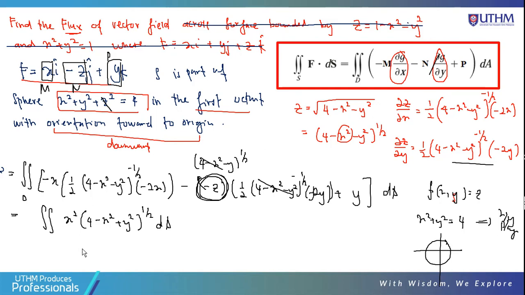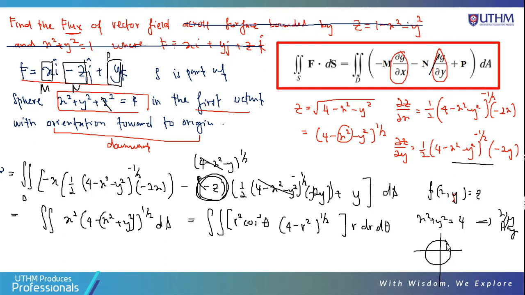So better you use polar coordinates. Using polar coordinates, x square becomes r square cos square theta. So this one we have 4 minus r square, this squared gives r square, 1/2. So this one multiply with r dr d theta.